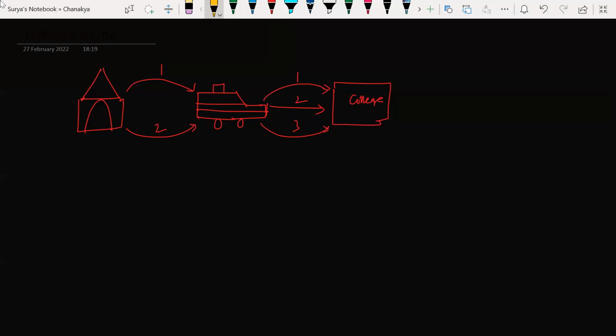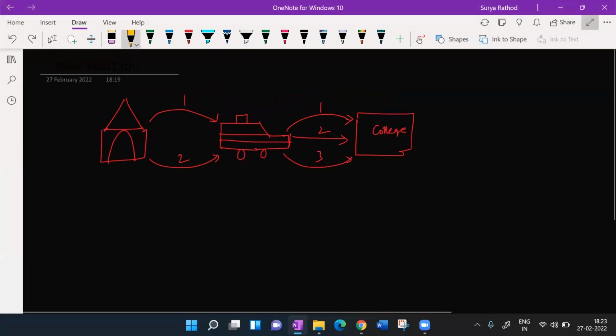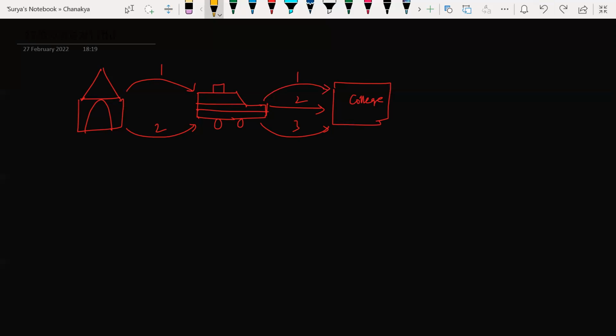So basically, first, how many possibilities do you have here? Either you can go by the first way and catch the auto, or you can go by the second way and catch the auto. After catching the auto in any one of the ways, the auto driver will take you through the first way, or the second way, or the third way, in order to reach your college.